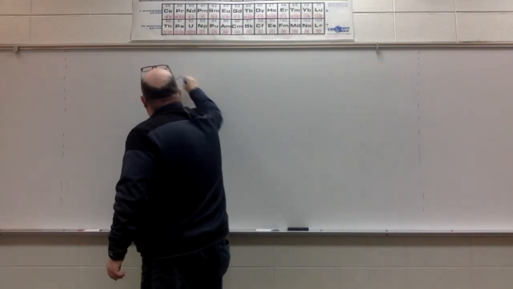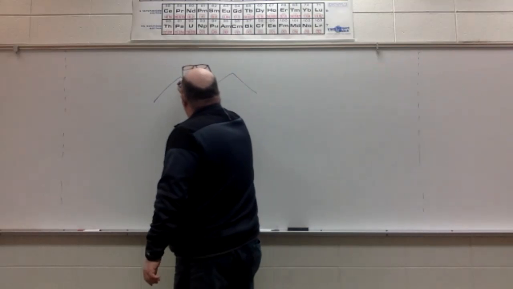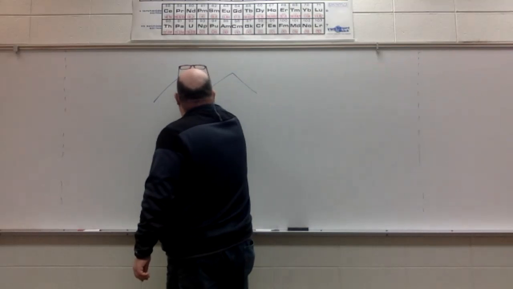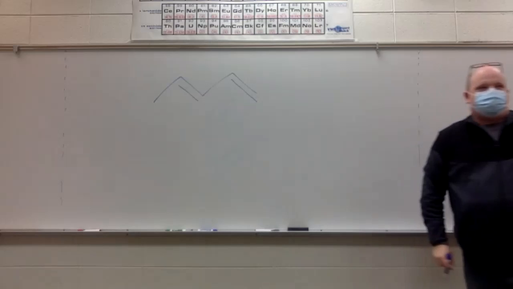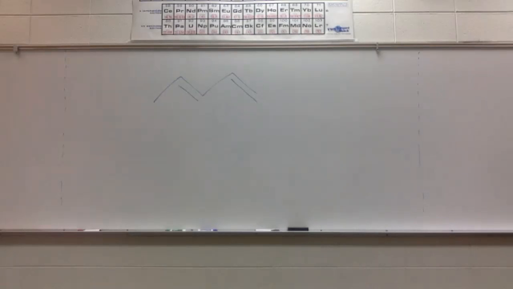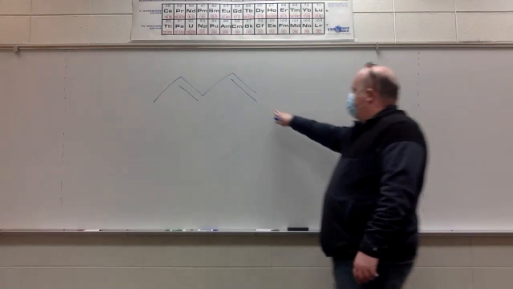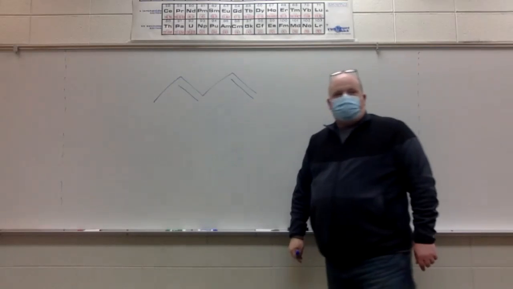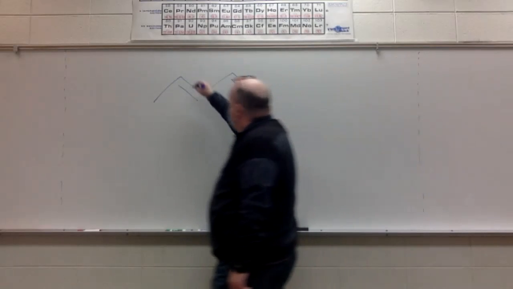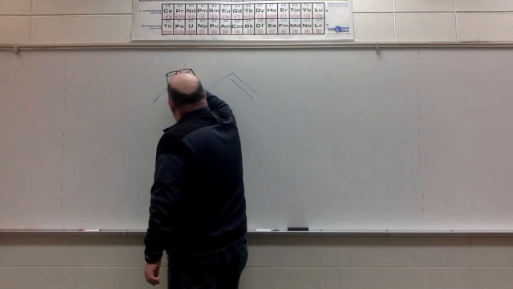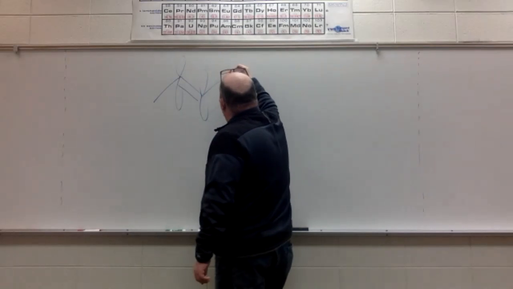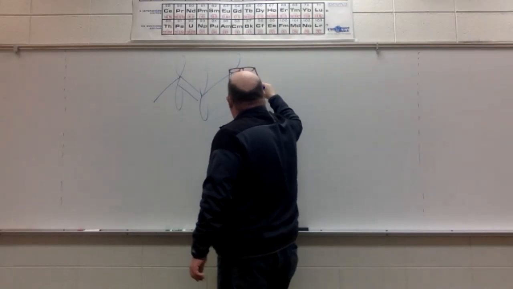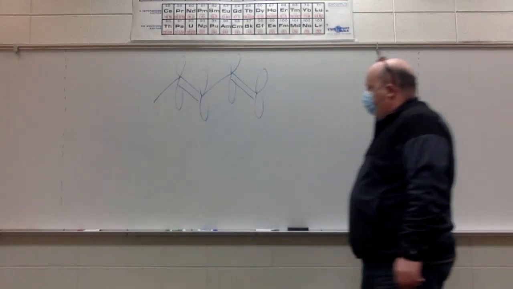Now, if we change it a little bit, say we have this. This is a diene. It's got 2 alkene groups. Now, if we look over here, this item is sp2. This one's sp2. This one's sp2. This one's sp2.